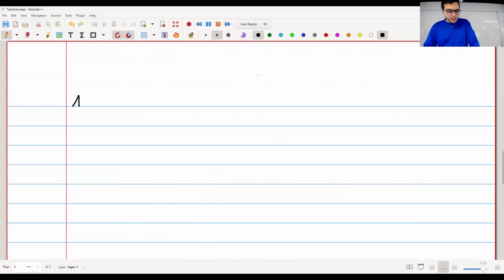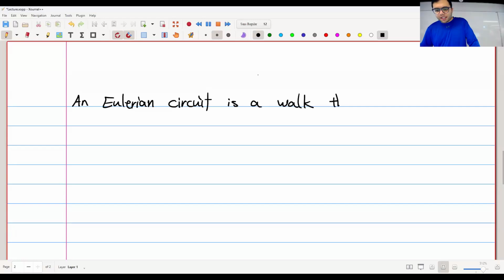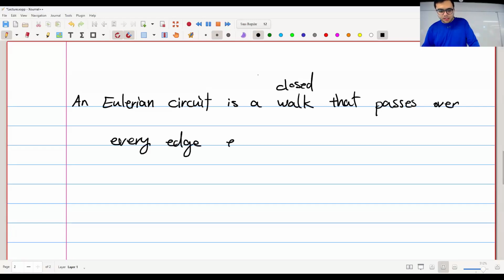So we say that an Eulerian circuit is a closed walk that passes over every edge exactly once.